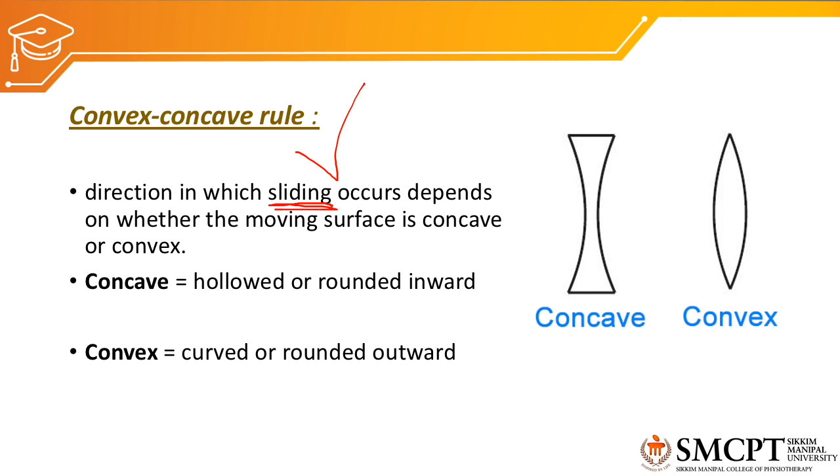So we know the surfaces of the joint. Some joints are concave, that is hollowed or rounded inward, and convex, that is curved or rounded outward. So these two types we find plenty in our joints. Some joints are flat, but the majority of joints have concave and convex surfaces. So sliding of the joint surface depends upon which type of joint surface is moving on which type.